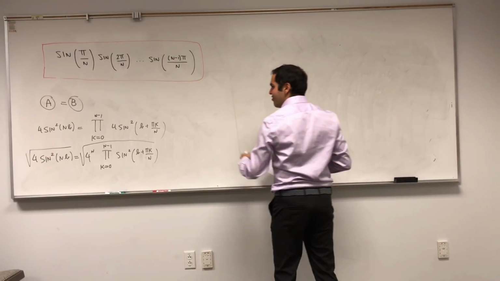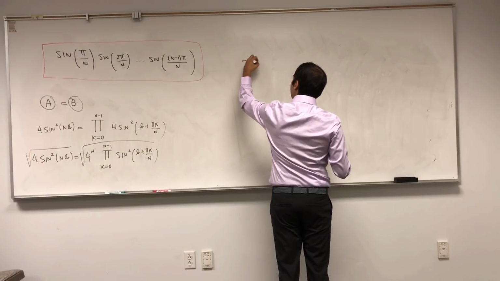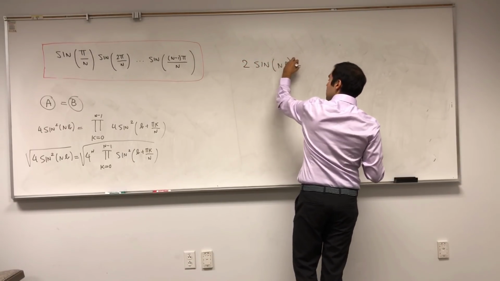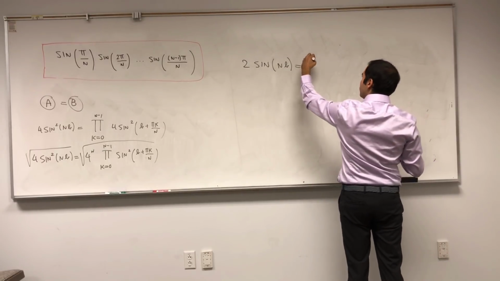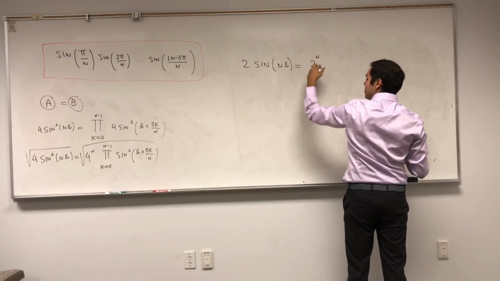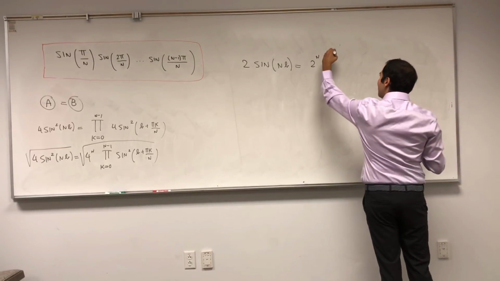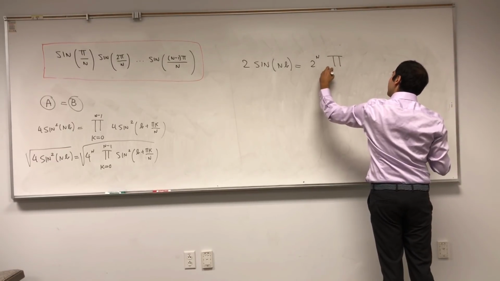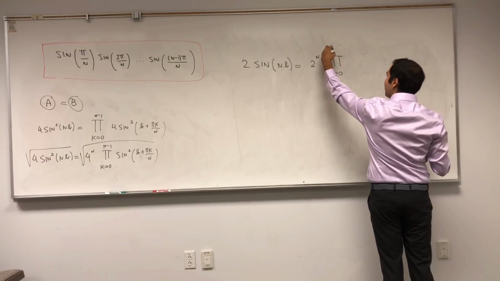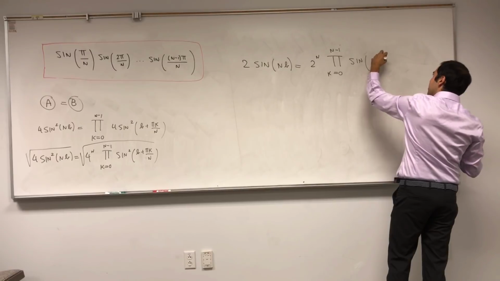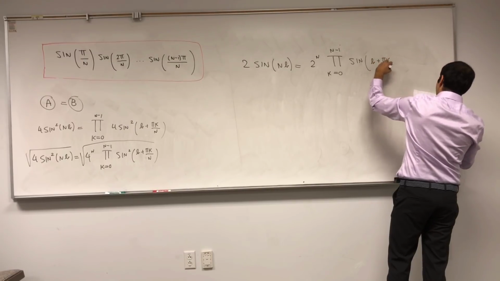So what we're left with is 2 sine of nb equals 2 to the n, since it's 2 to the 2n but the square root is 2 to the n, product from k from 0 to n minus 1 of sine of b plus pi k over n.